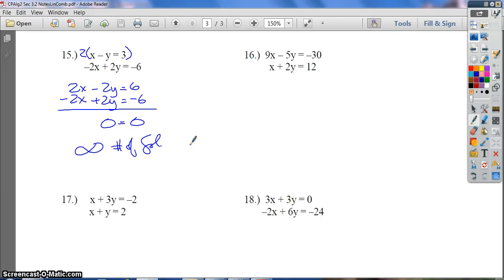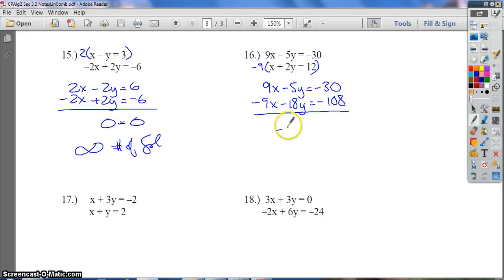Okay. Over here, I'm going to multiply this top one by negative 9. Or the bottom one, I should say. So I'm going to rewrite the bottom one to the top one. Now I'm going to have negative 9x minus 18y minus 108. 9 times 12 is 108. So this is negative 23y. This is negative 138.